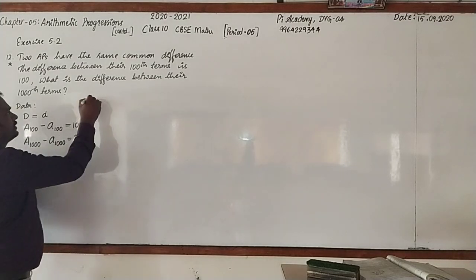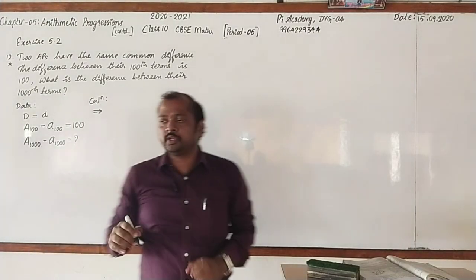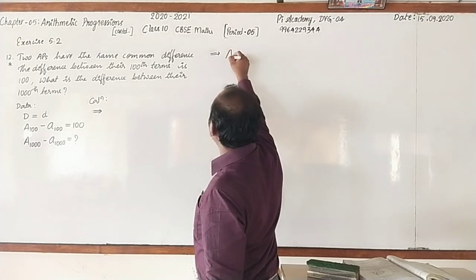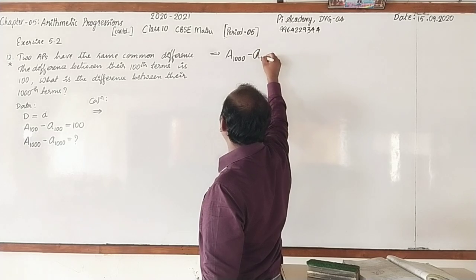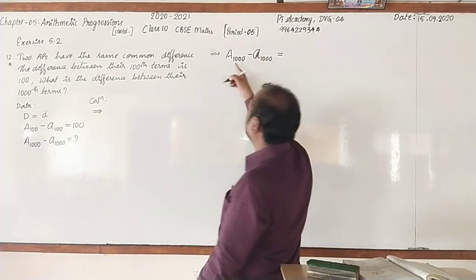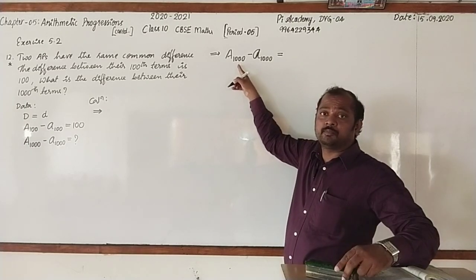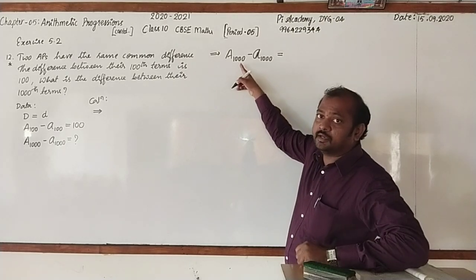Very simple it is. Observe it. As you are going to find the difference between 1000th terms of both the APs, we can write like this. How do you write 1000th term? It is A plus 999D.